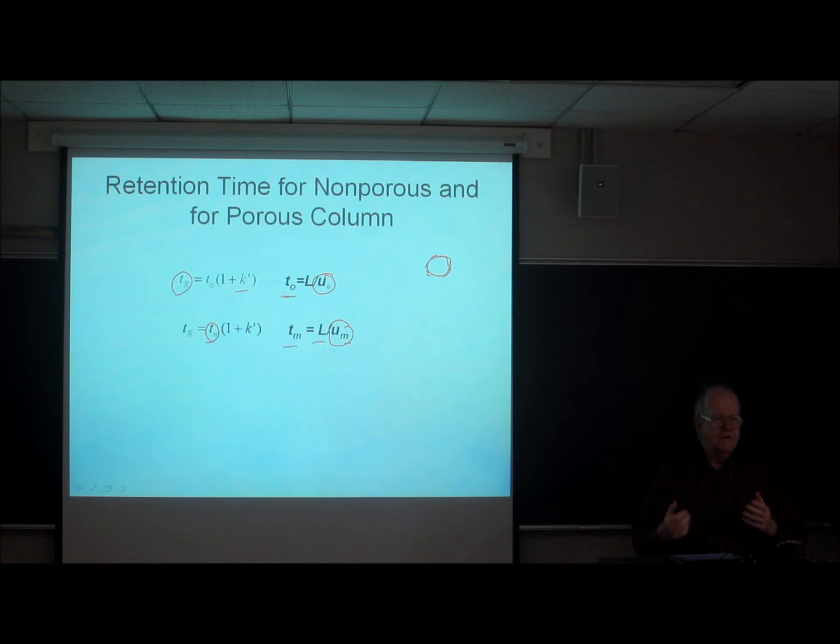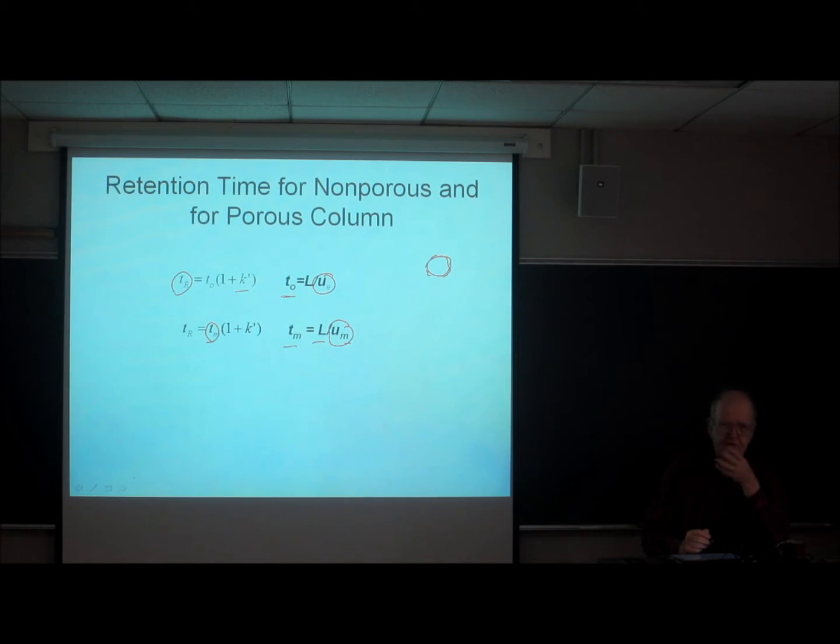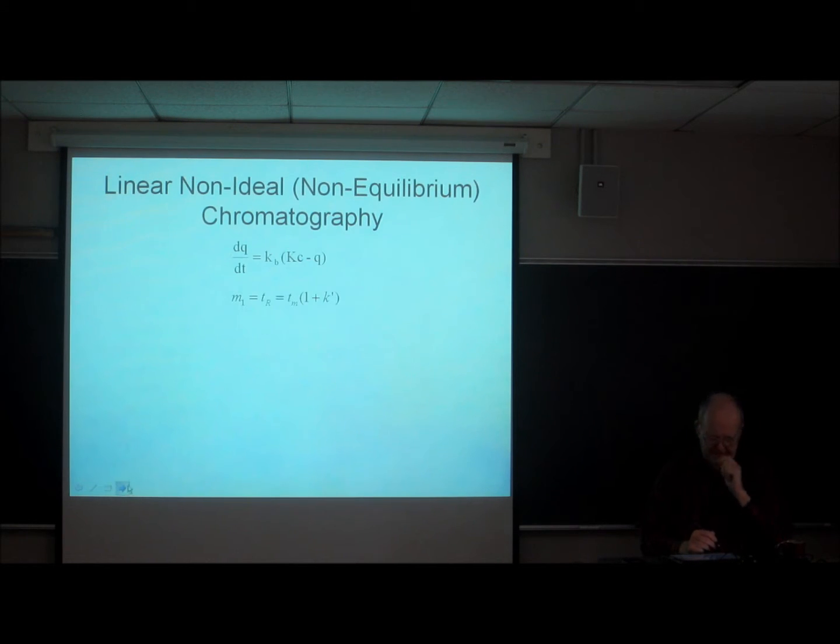If you have a poor injector, either in LC or in GC, whatever the shape of that pulse is, as it loads into the top of the column, that's exactly what it's going to be when it gets out of the column and gets to the detector. So again, this is the solution to the ideal chromatography problem. And it's pretty boring. At least the retention times make sense.